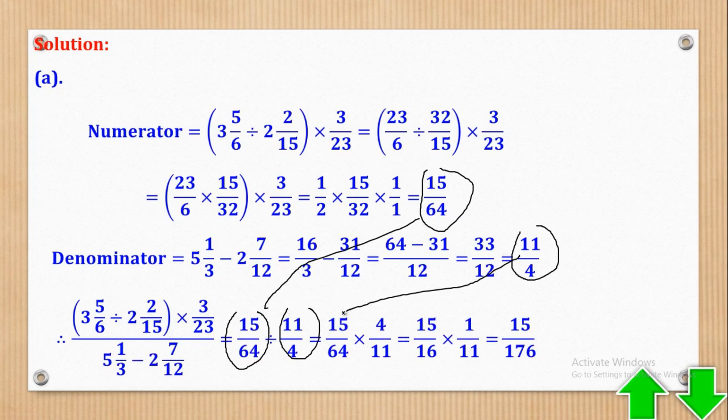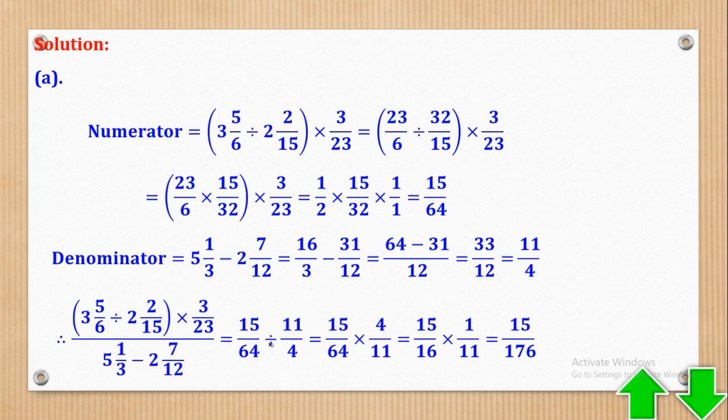Now, like we did, this division sign can turn into multiplication sign only if this becomes a reciprocal. So here it was 11 over 4, this side it will now be 4 over 11. Now next is to do some reducing.